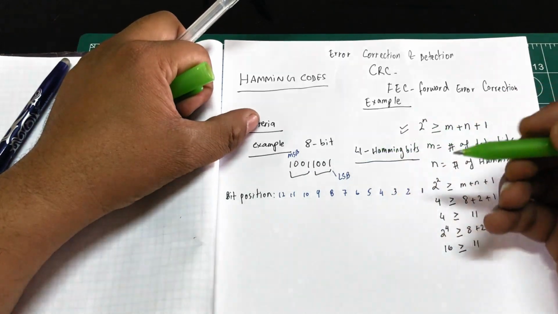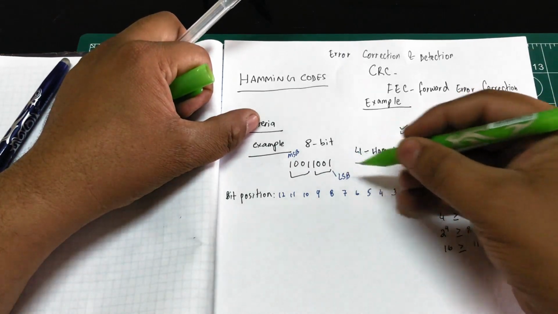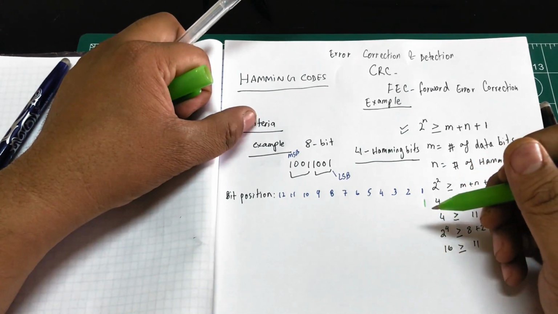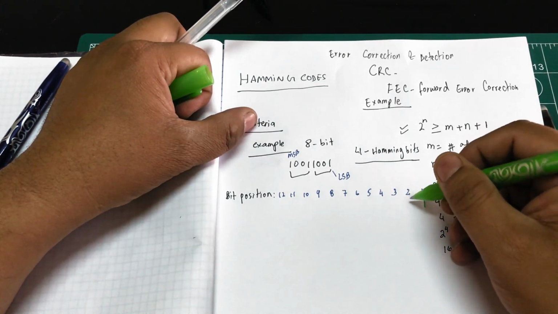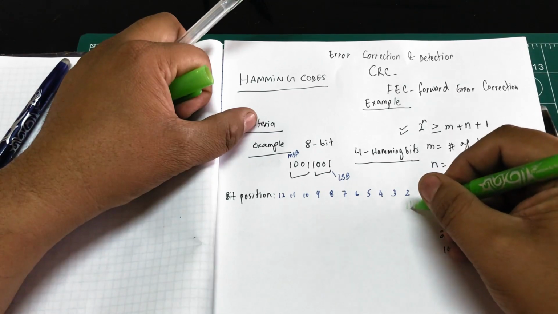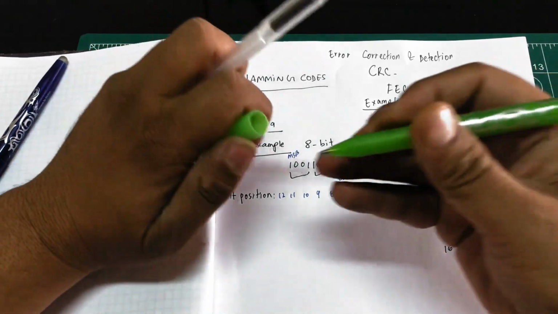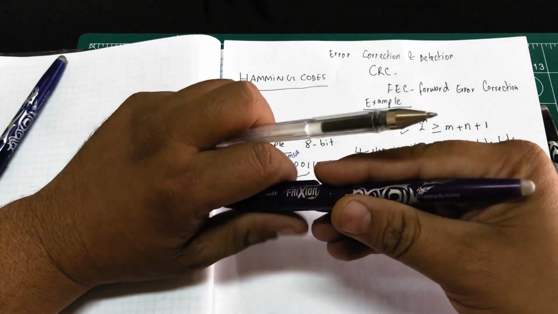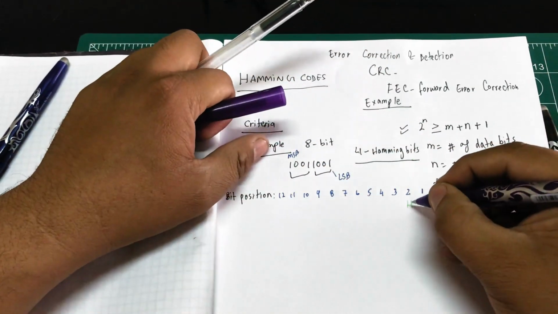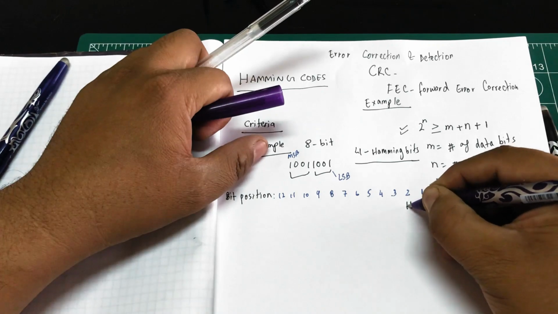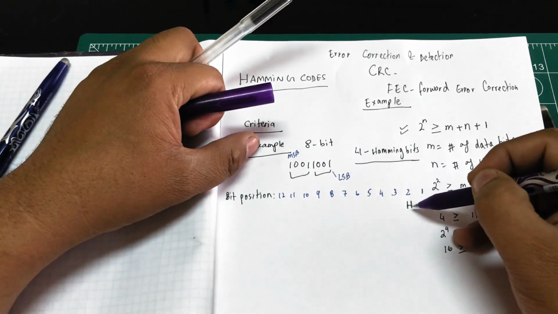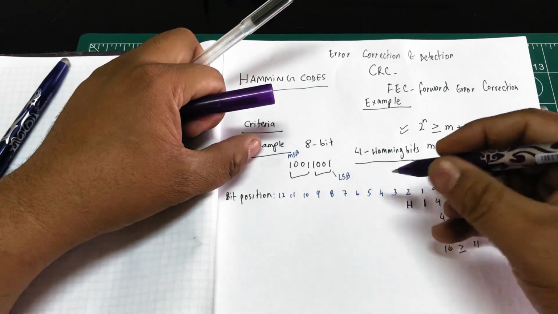So we're going to randomly place. Let's say at bit position 1, we're going to place our least significant bit, which is 1. And then in this place, I'm going to place a Hamming bit. Let's try purple. So H for Hamming bits. So 1, H, this is where I place my Hamming bit.